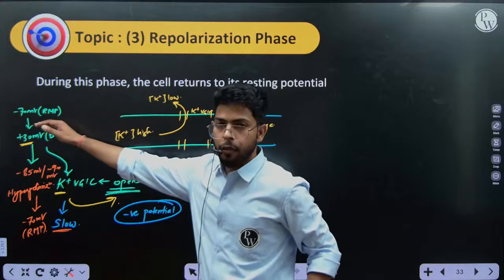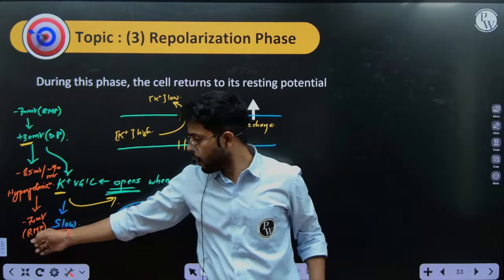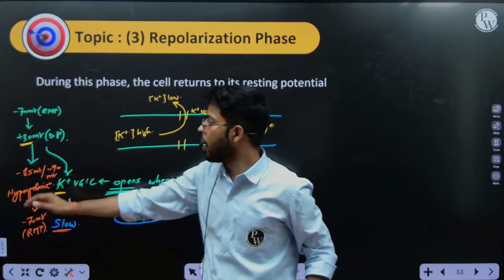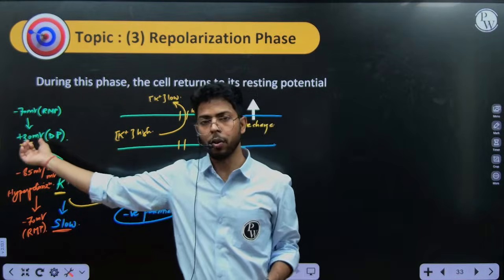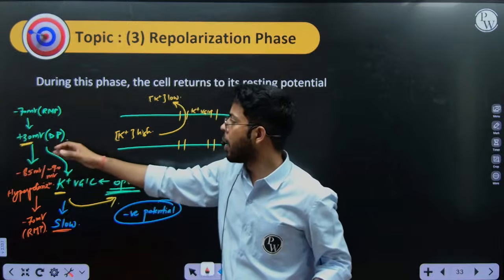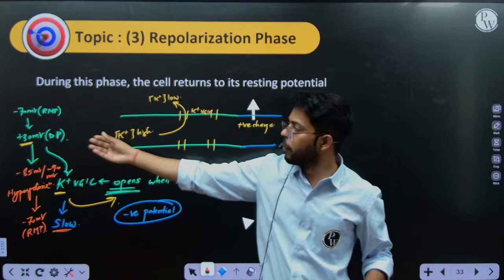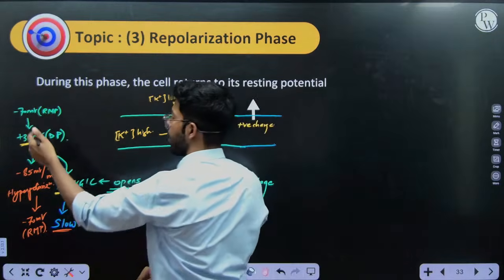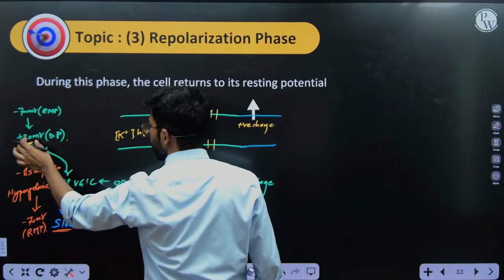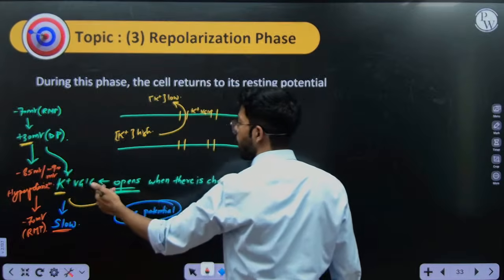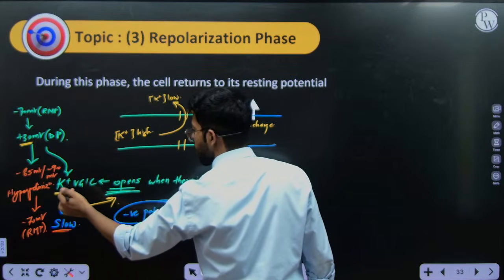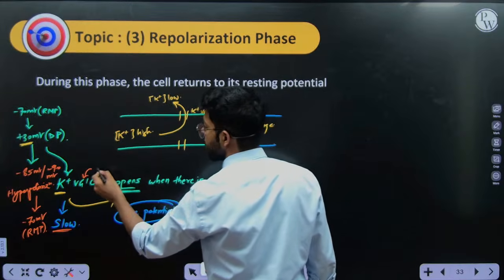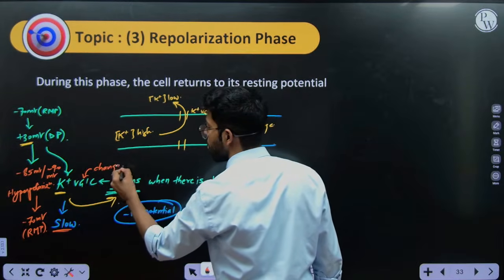So it starts from minus 70 and always reaches again to minus 70. This is the depolarization when it reaches the plus 30 millivolt, in which the action of sodium ion VGIC takes place, and when the potential reaches up to plus 30, it will trigger or open the potassium ion VGIC, because it will only open when there is a change in voltage.